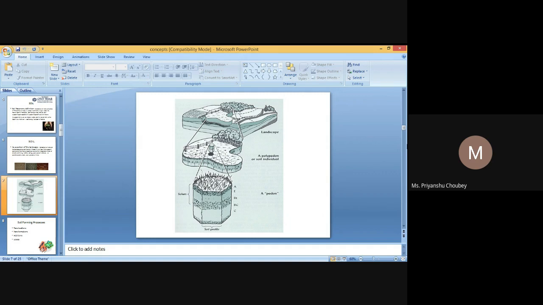The particles come closer and attract each other, resulting in the formation of flocs of silt size. Flocs are stable as long as the flocculating agent is present. Flocculation also takes place due to hydration, high soluble salt concentration, and the presence of divalent or trivalent cations.